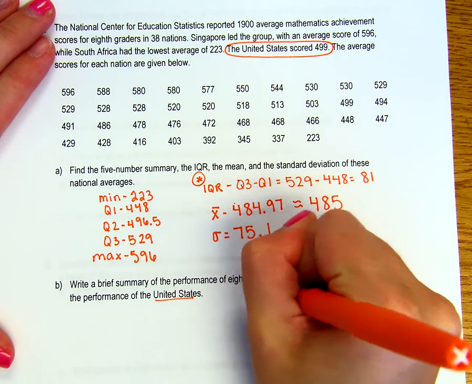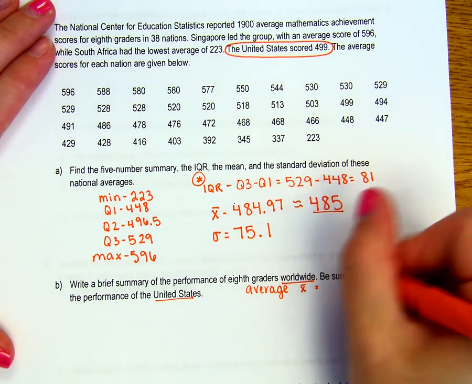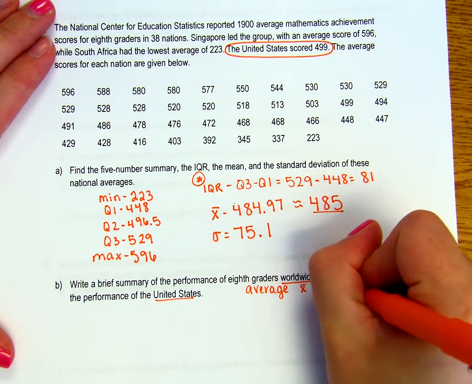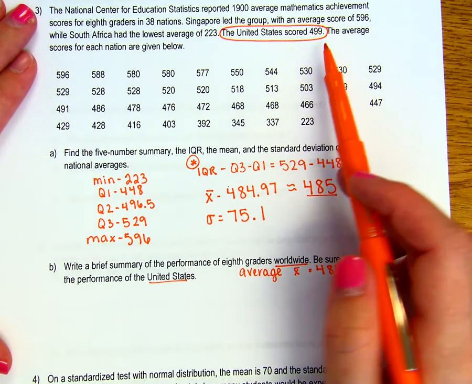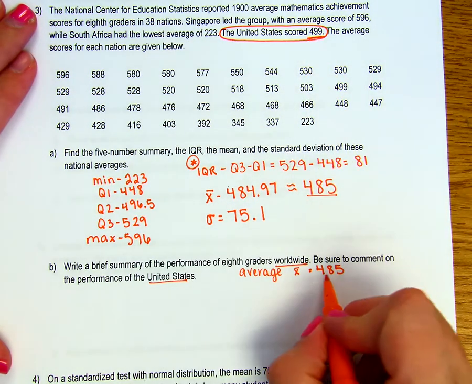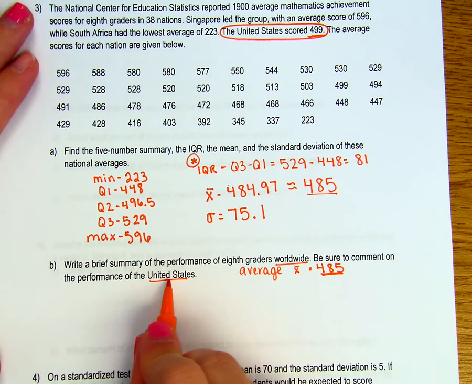Okay? Remember, our average is the mean, okay? And we know that our mean is 485. So if the United States is 499 and the average is 485, what could we say about the United States?